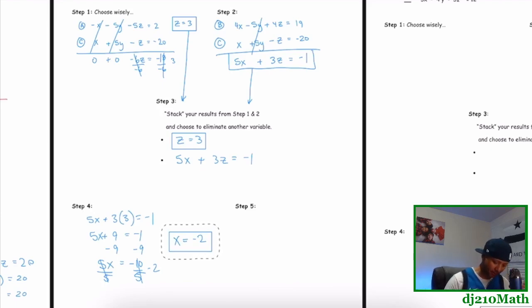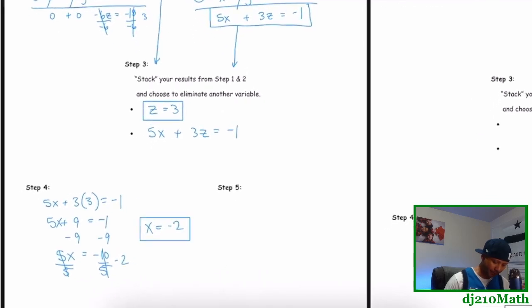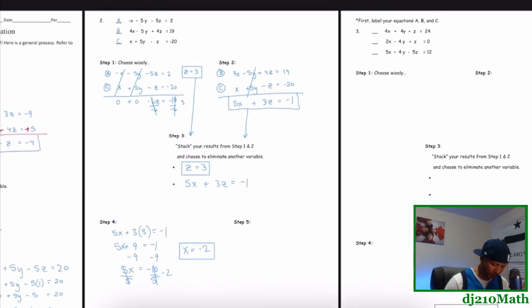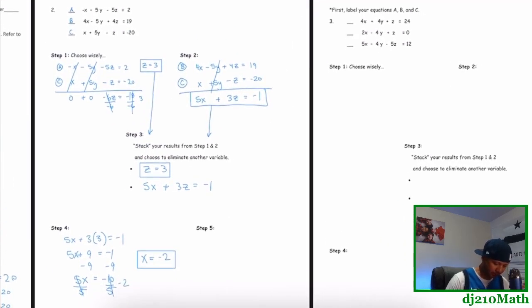Now I'm going to take x and z, plug that into one of the originals, and then hopefully a y will come out. Well, a y will come out. So let's choose C. C is x plus 5y minus z is equal to negative 20.